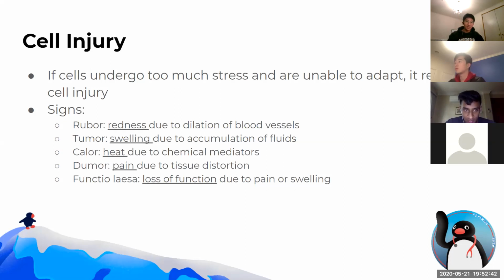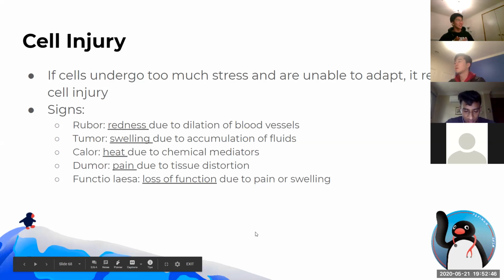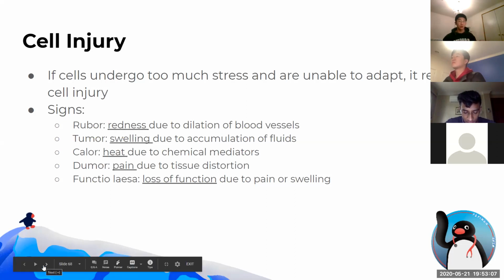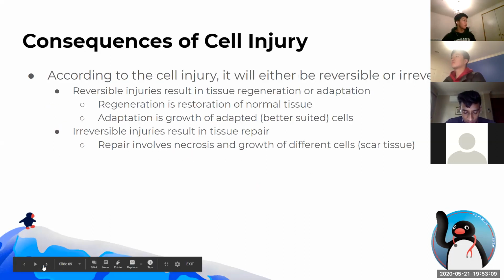All of these signs are things you'll see if your cells are stressed out and you get injured. For example, if you fall over, your knee gets really red, it swells a bit maybe, feels a bit warm, you're in pain, and you probably won't be able to use your knee as well. You probably can't go running 5 minutes later. So we might see all of these signs when we injure ourselves.